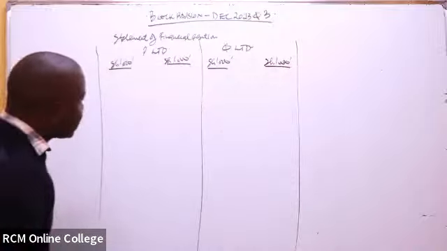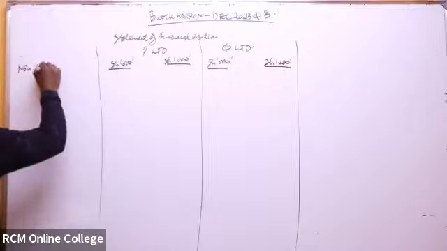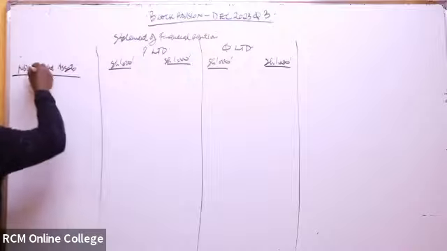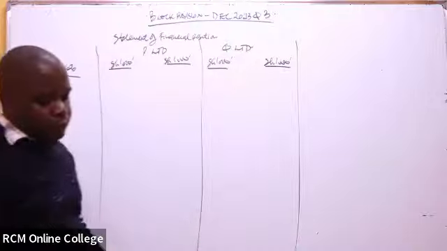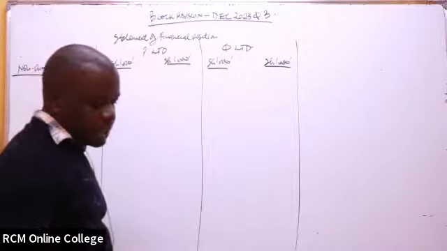So you start with the non-current assets. There are those assets which were taken over by P and those taken over by Q. You just place them the way they were taken over.